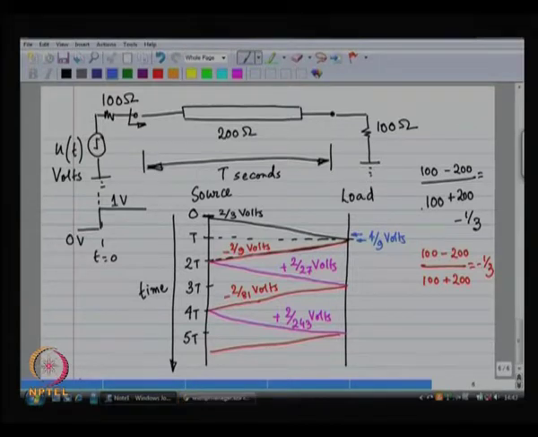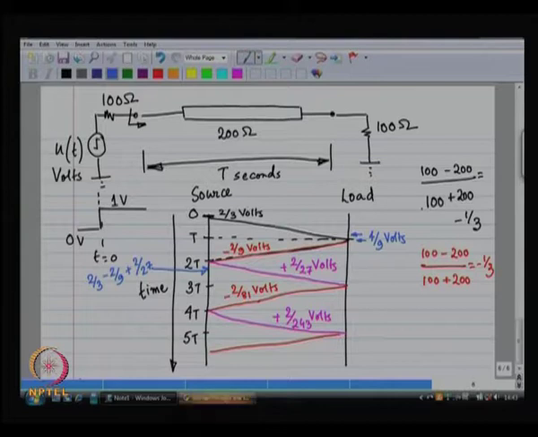Now, similarly on the source side, I had 2 by 3 volts at time t equal to 0. At time t equal to 2t, I would have 2 by 3 minus 2 by 9 plus 2 by 27, whatever that value is.